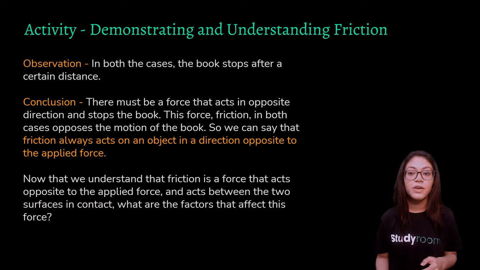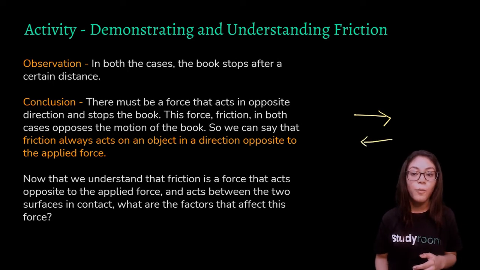Suppose we move the book in this direction, this is the applied force. Now, to make the book stop, there must be a force acting in the opposite direction, and this force is called the force of friction.